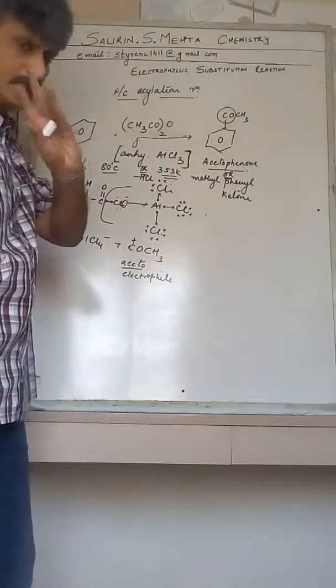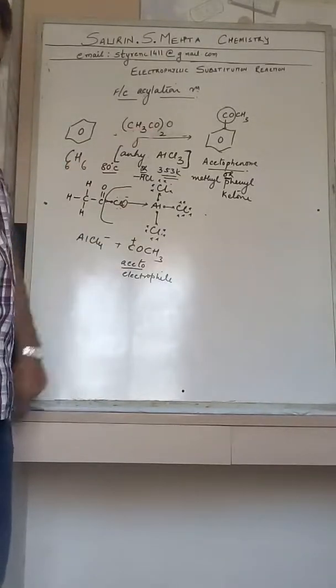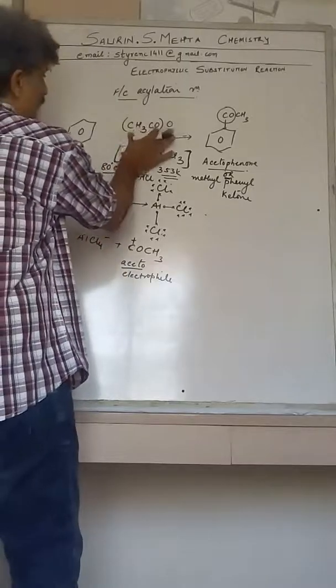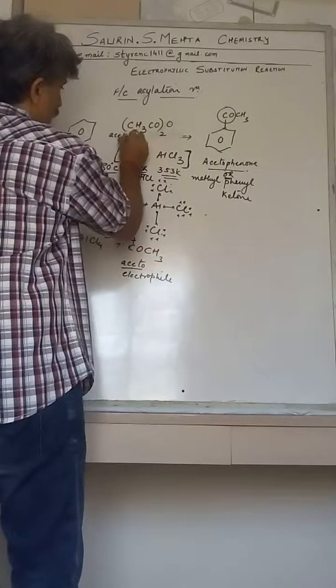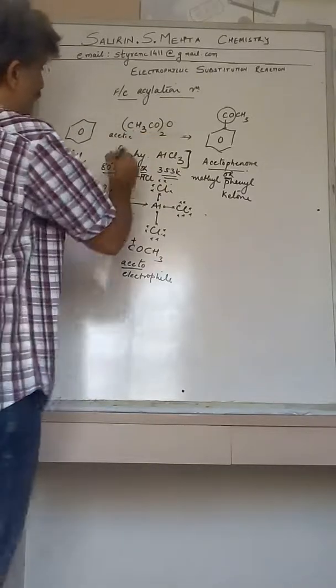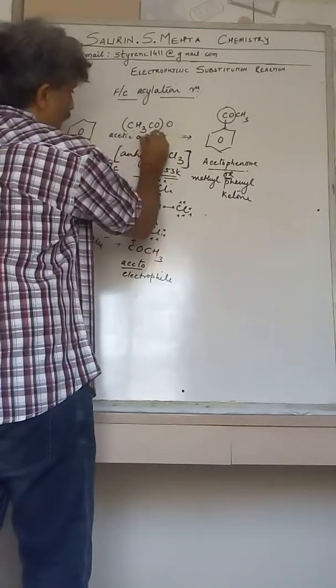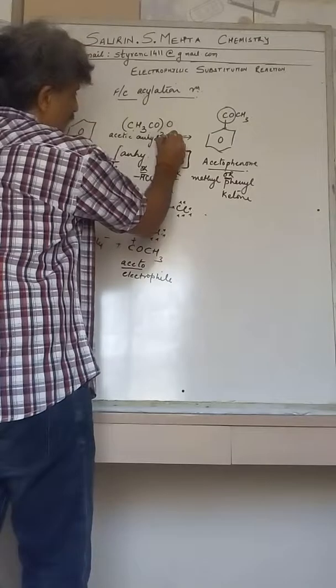Now what is that? I'll explain to you, don't worry. First I'll give the name to the compound. The name of the compound is acetic anhydride.